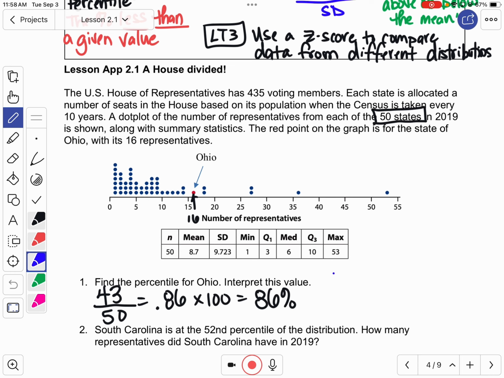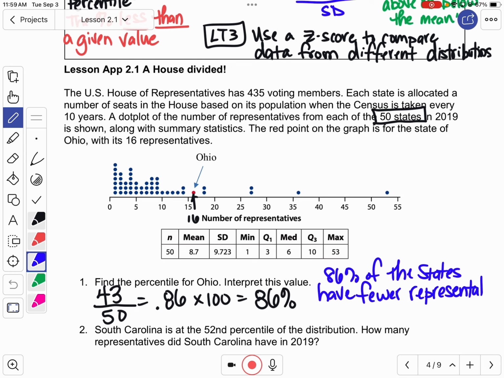It means that 86% of the states have fewer representatives than Ohio. Okay, that's what it means.